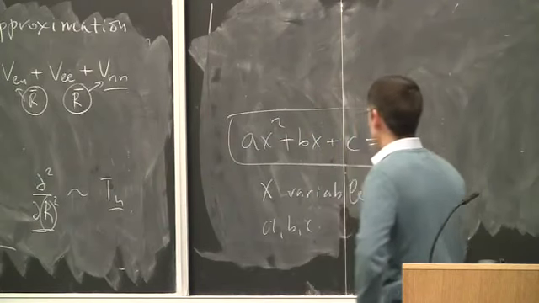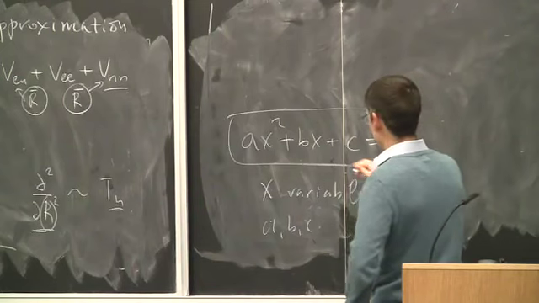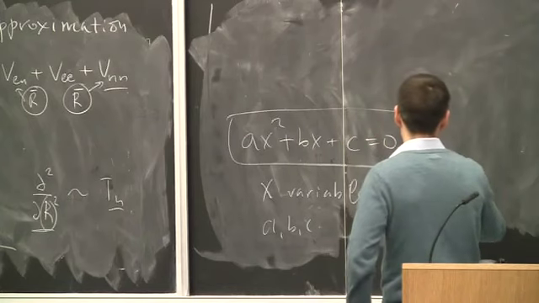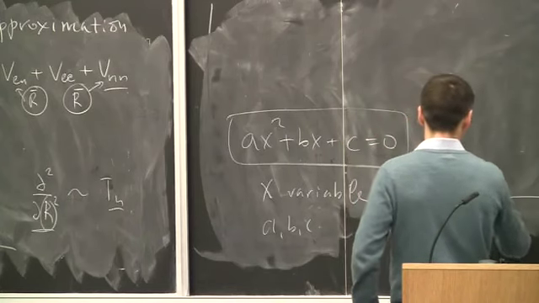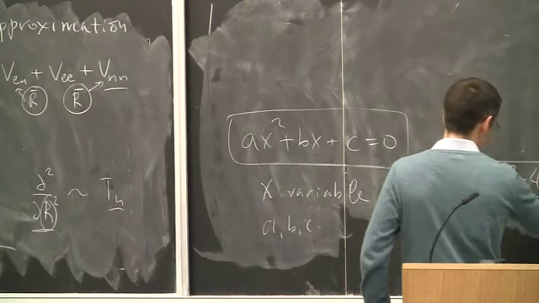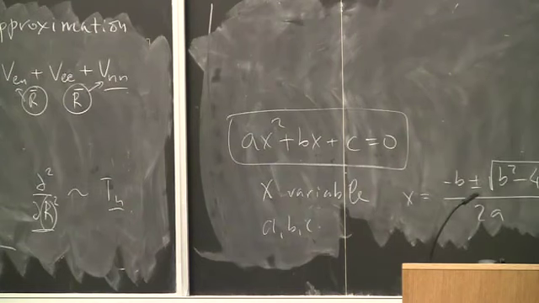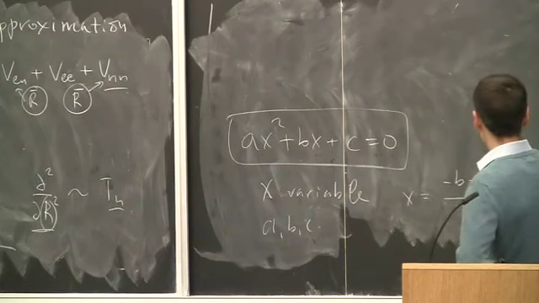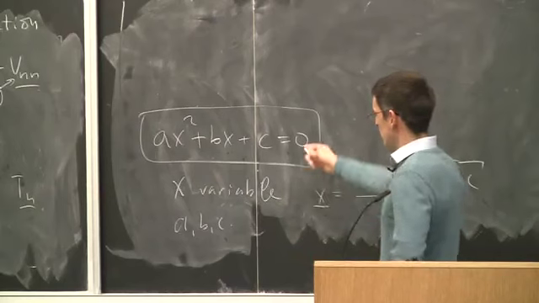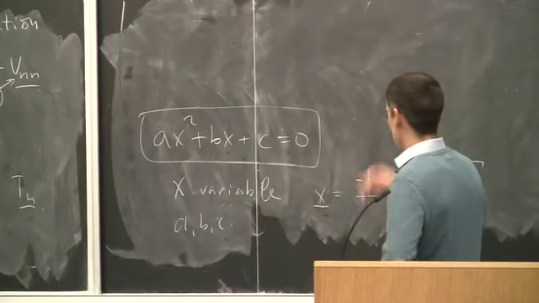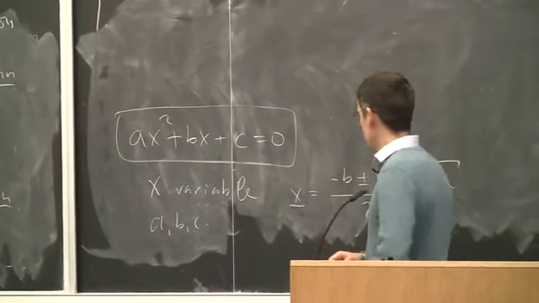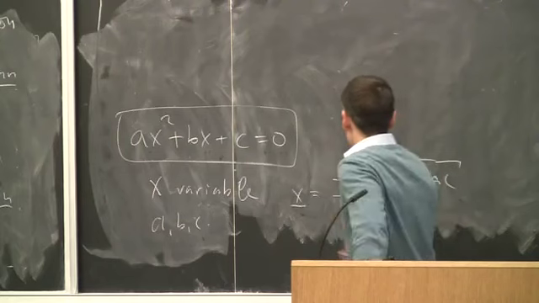Because it's only this solution that you learn, what is the value of x that makes this true. So we know it's x equals minus b plus or minus the square root of b squared minus 4ac, divided by 2a. This is all correct only when a, b, and c are fixed. When a, b, and c are fixed, this is the x that makes this true. Now, if we change a, b, and c, then the value of x will change, right? So this is a general expression.